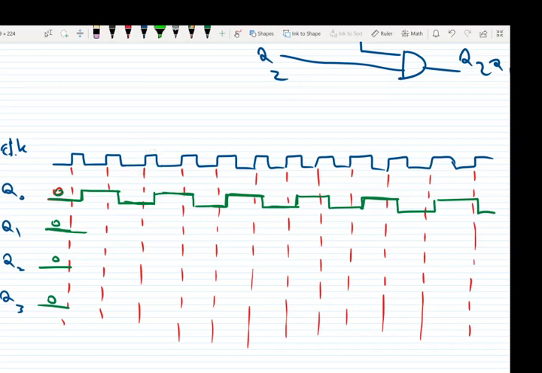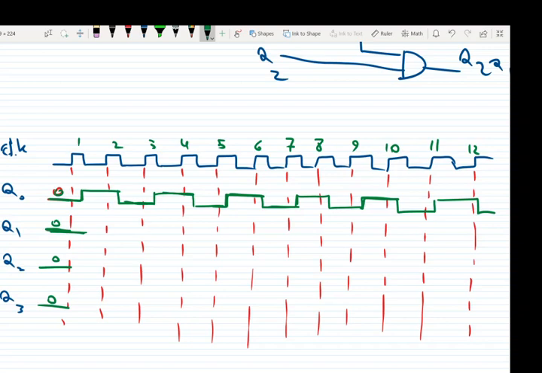So the clock cycles 1, 2, 3, 4, 5, 6, 7, 8, 9, 10, 11, 12. Okay, let's look. At clock cycle 1, we see that at the rising edge, Q0 is 0, so Q1 also is 0.